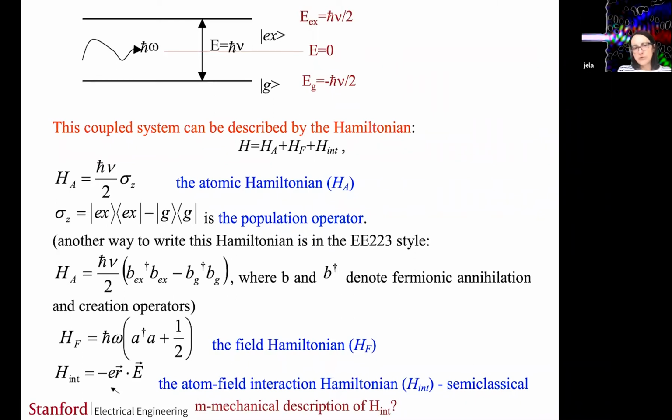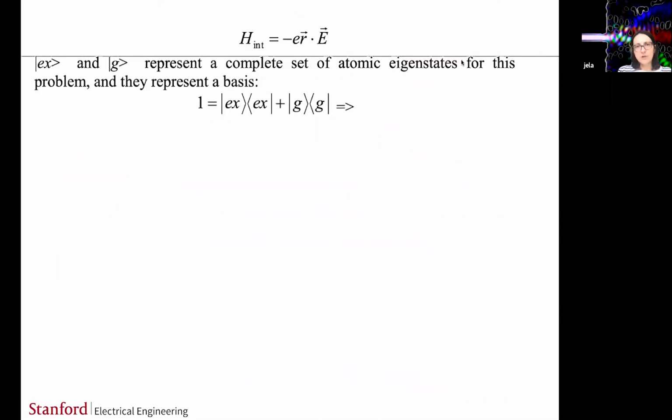Okay, so how do we do that? How do we introduce a quantum mechanical description of the interaction Hamiltonian, which is a missing piece, right? So first, to introduce it in the form that would act on the atomic states, we can basically multiply both sides of this Hamiltonian with this unity operator, which is expanded. It's just a sum of the projection onto the excited state and the ground state for the atom.